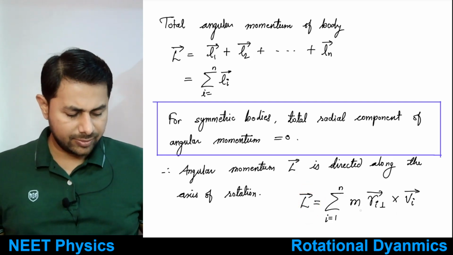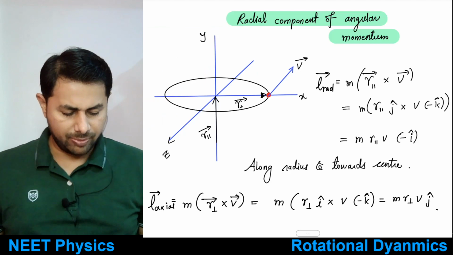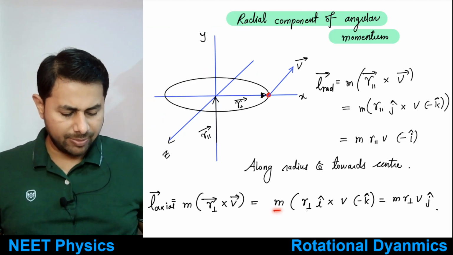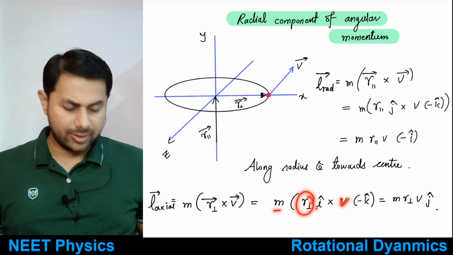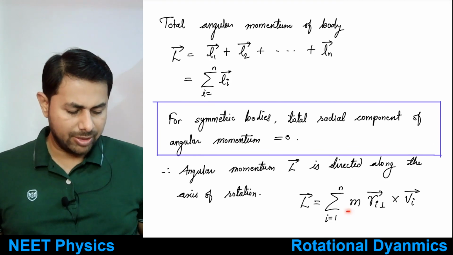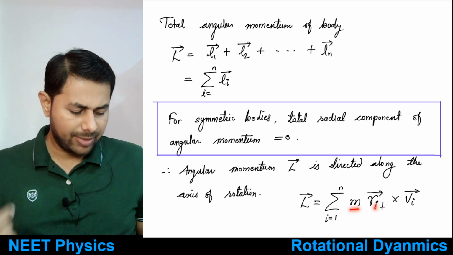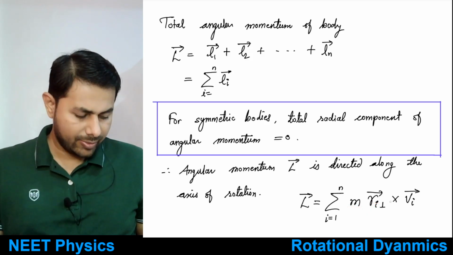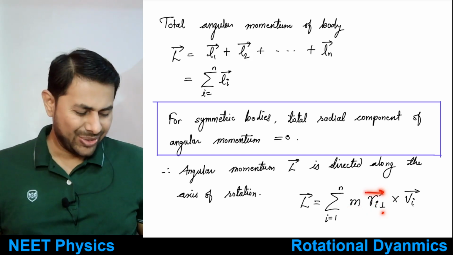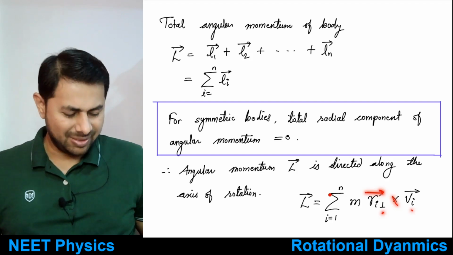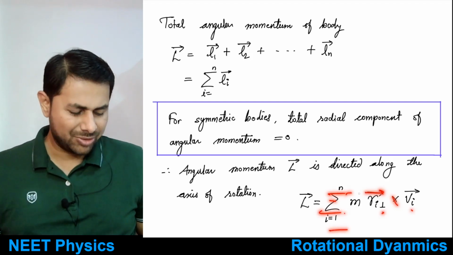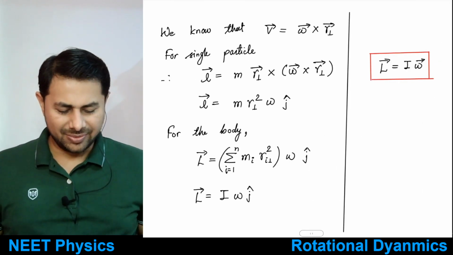For one particle it is m multiplied by r perpendicular into v. So for the ith particle it will be m multiplied by ri bar perpendicular cross vi bar, summation of that, where i goes from 1 to n, right?